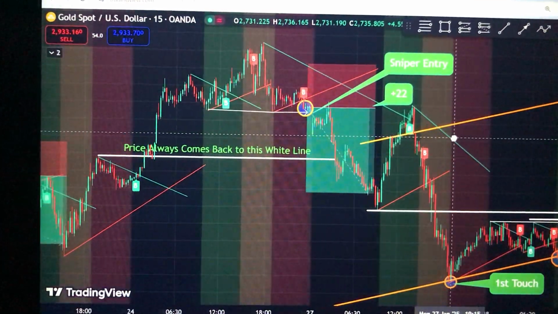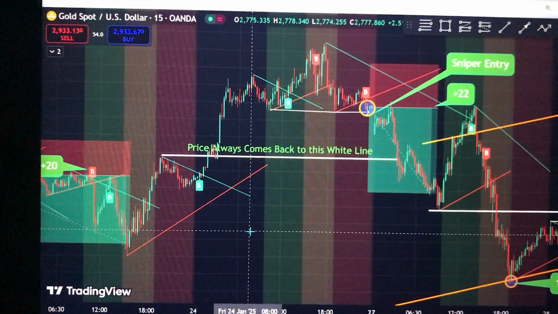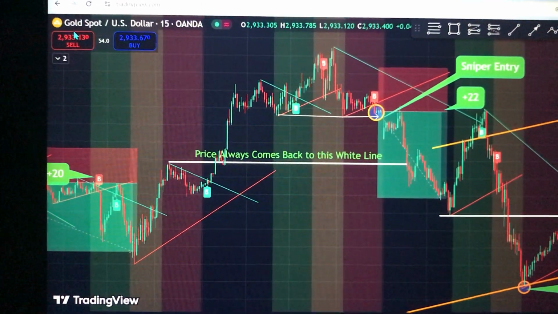You can check again, this happens all over the charts when trading gold.